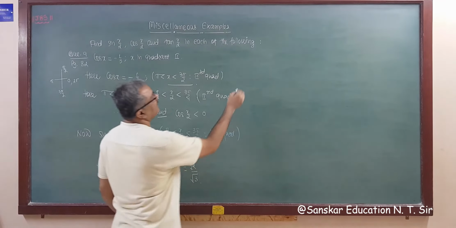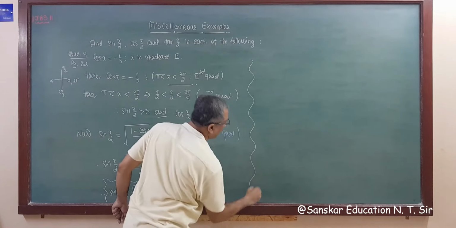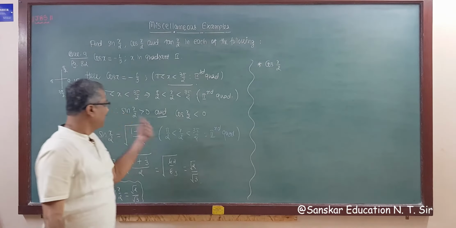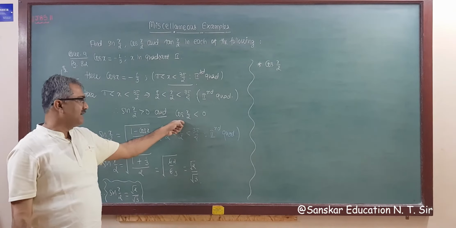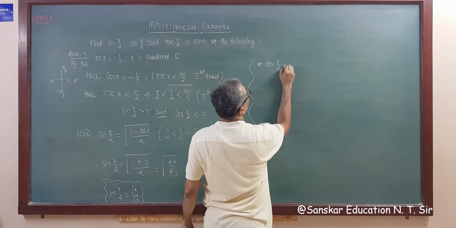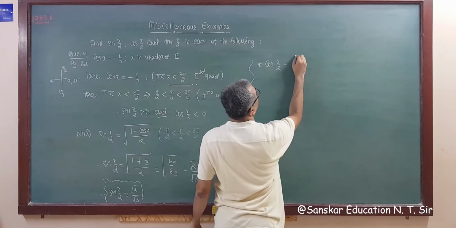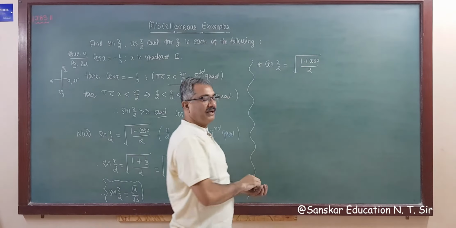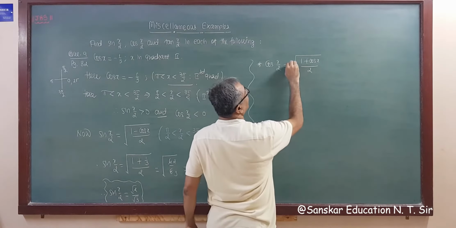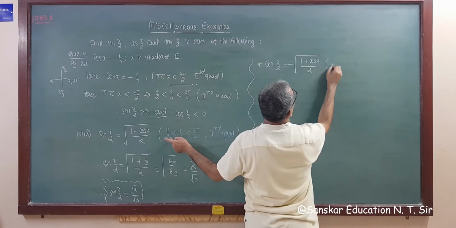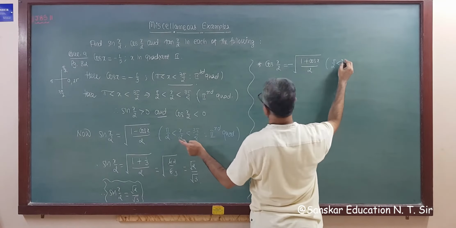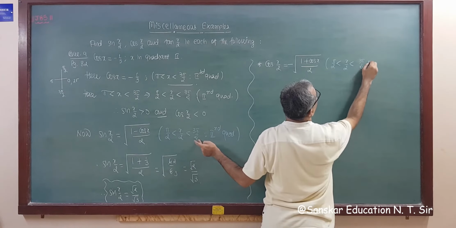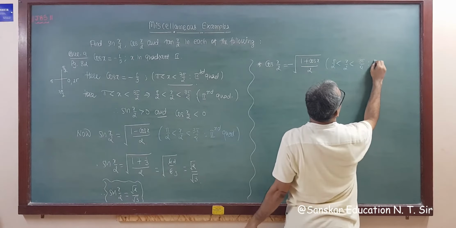Now cos x by 2. Cos is negative in the second quadrant, so we take the negative square root of (1 plus cos x) divided by 2, right? And we are taking this as negative because pi by 2 is less than x by 2, which is less than 3 pi by 4, that is the second quadrant.